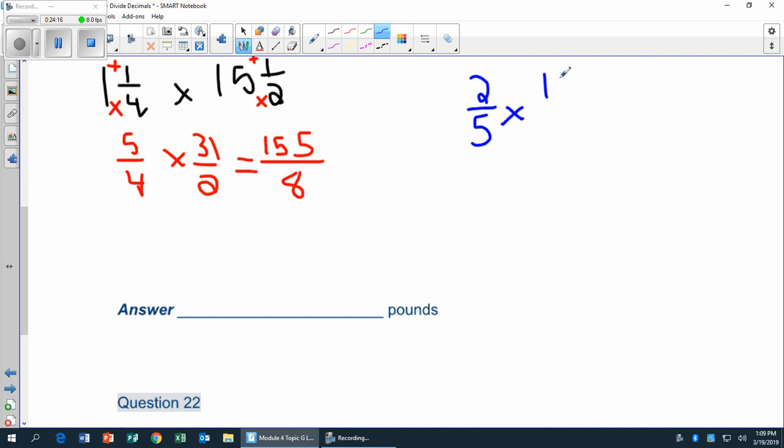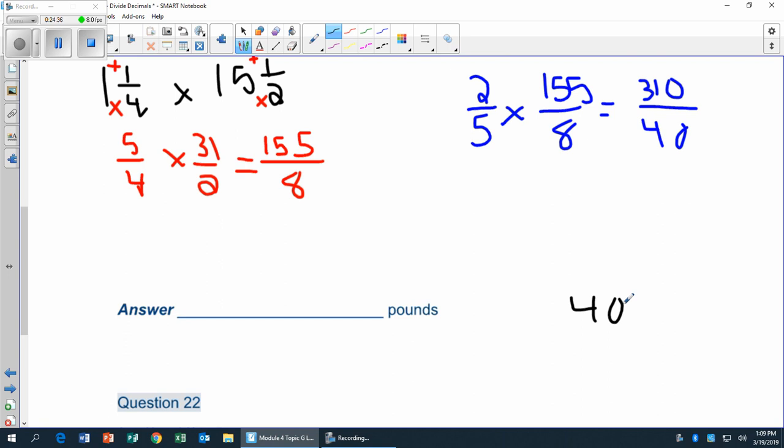So we want 2/5 of 155/8. And when we do this over here, we end up with 310/40. But the answer needs to be in a mixed number. So we're going to do this division down here for those of you who have a tougher time with that.